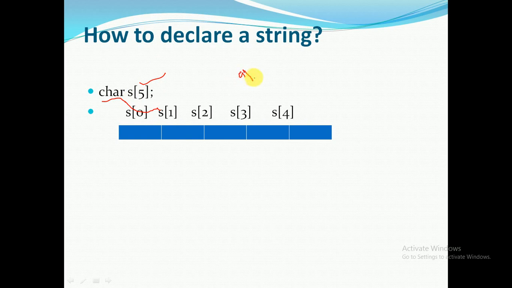Now how do we store an array? Indexing starts from 0, 1, 2, 3 and 4. So overall we have 5 characters, starting from 0 and ending with 4. Internally the last element will be backslash zero, that means the null character.